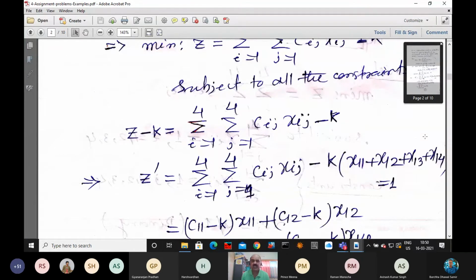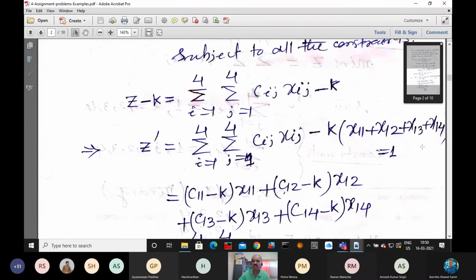As you know, in a linear programming problem, if you add or subtract a constant, the objective function value will change, but the optimal solution will not change. Similarly, here the solution will not change, the objective function value will change, and it will reduce by k units.